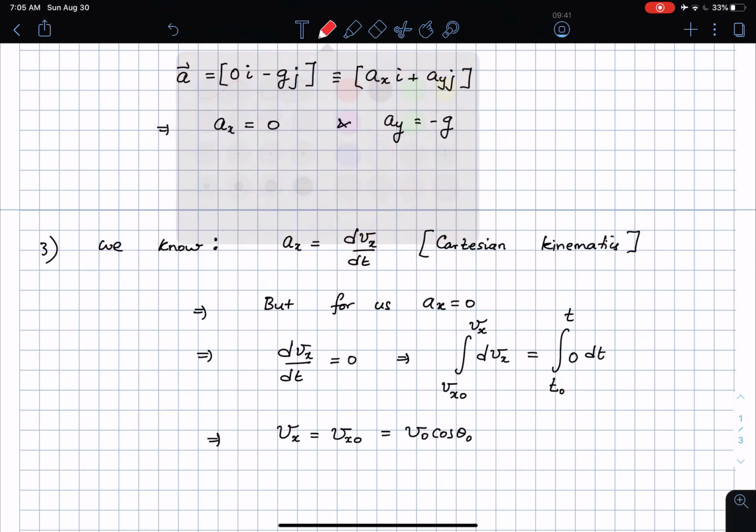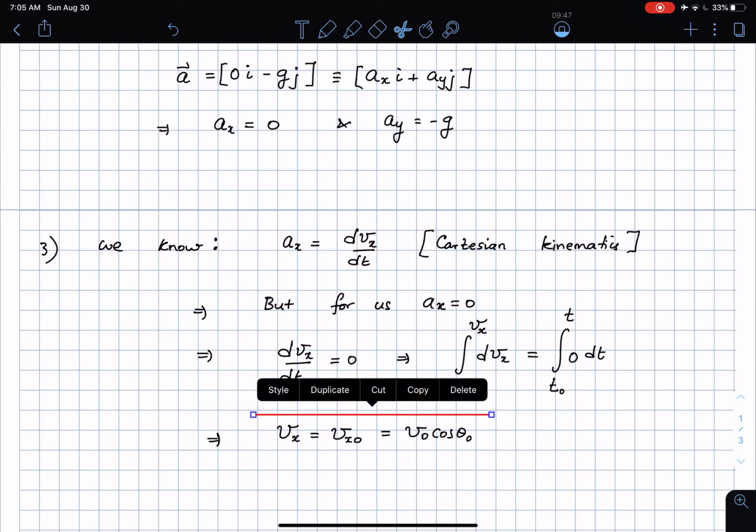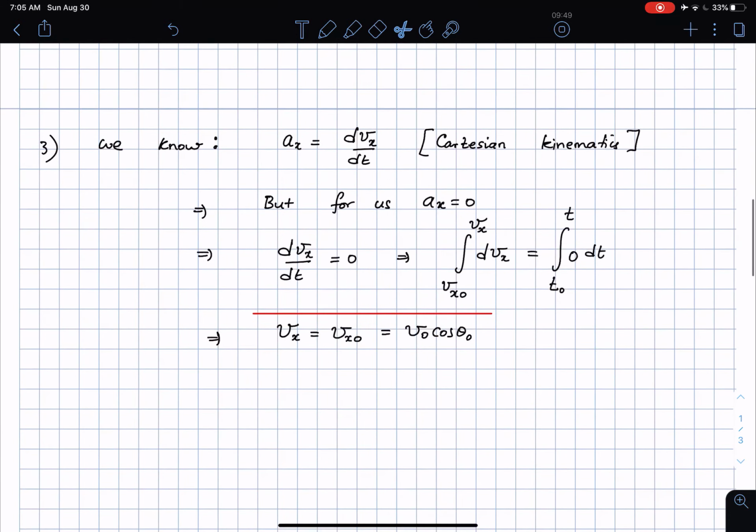So this is going to be the case at any point on the trajectory. The velocity in the x direction is always the same. That's the consequence of this particular equation.